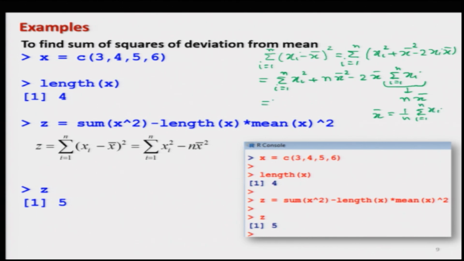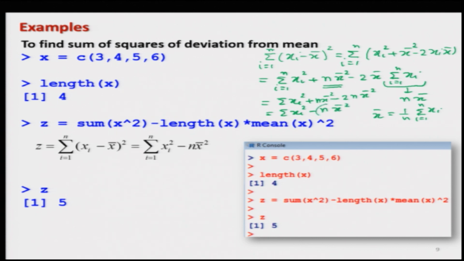So this quantity will become here summation xi square plus n x bar square minus, this will become here 2 n x bar square.